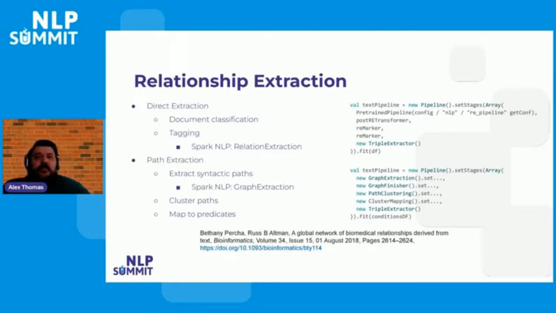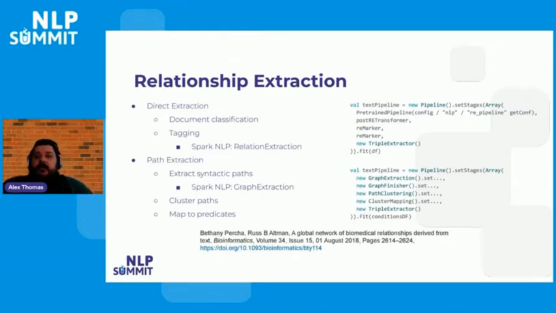So extracting, we call path extraction. I'll get to why we call it that. So direct extraction is where you're trying to predict the existence of a claim for a relationship in the document. You can do that document-wide with document classification, or you could do that with tagging. That is where you're trying to find where in the document a particular relationship is claimed.